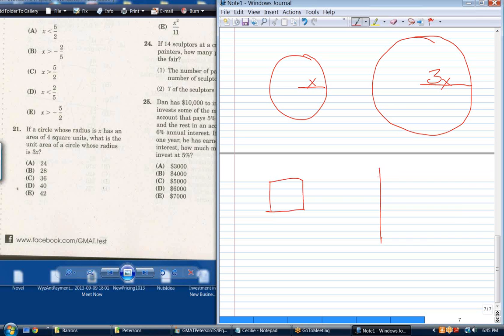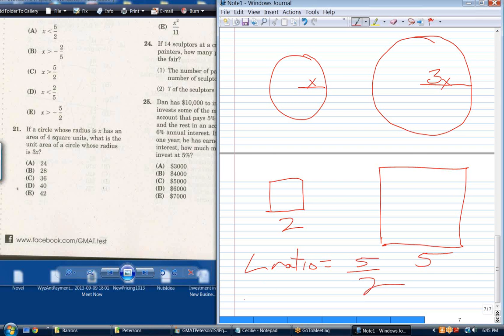If I have two similar squares, this side is 2 and this side is 5. What is their area ratio? What's their linear ratio, first of all? 5 to 2. They're both squares.